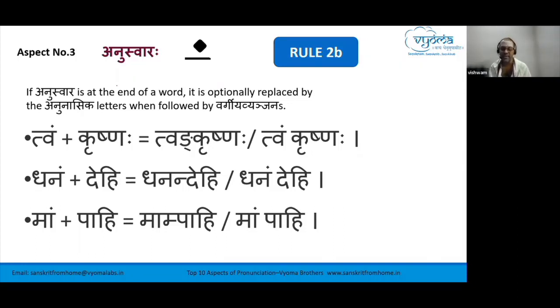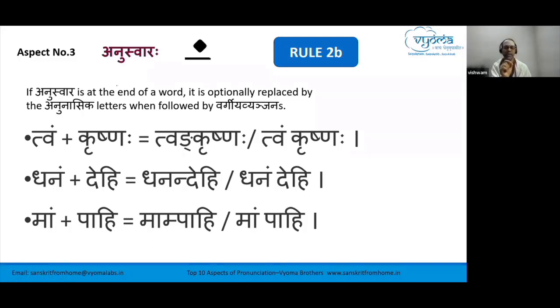Our Sanskrit scholars call it Varga Panchama, the 5th of that Varga. You can either use that or you can use Anuswara. Clear? Who can pronounce all these 3 words properly, both options? Ramcharan, you want to try quickly?